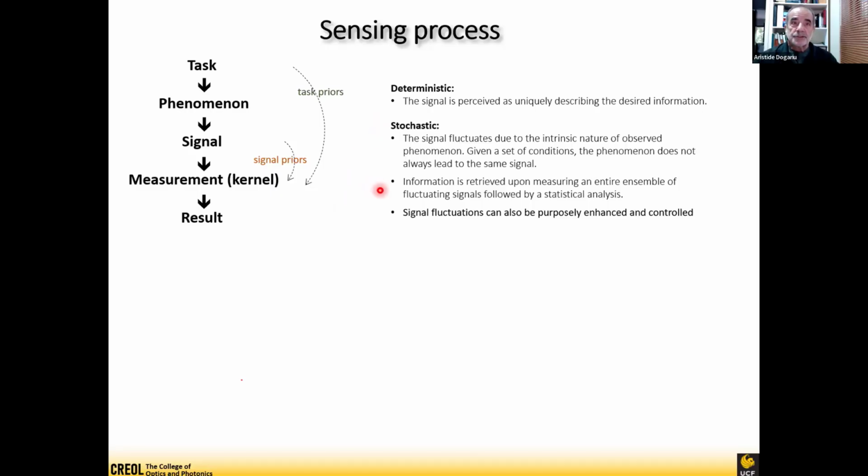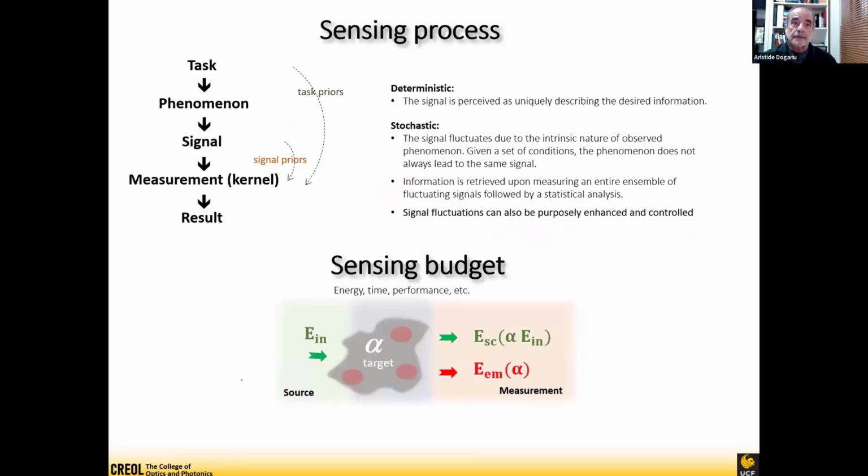Moreover, there are situations where these unavoidable signal fluctuations are the ones that actually carry the information. Therefore, the strategy that we put forward for the process of sensing should aim at purposely enhancing and controlling the fluctuations of the signal. And I'm going to show you a few examples of that.